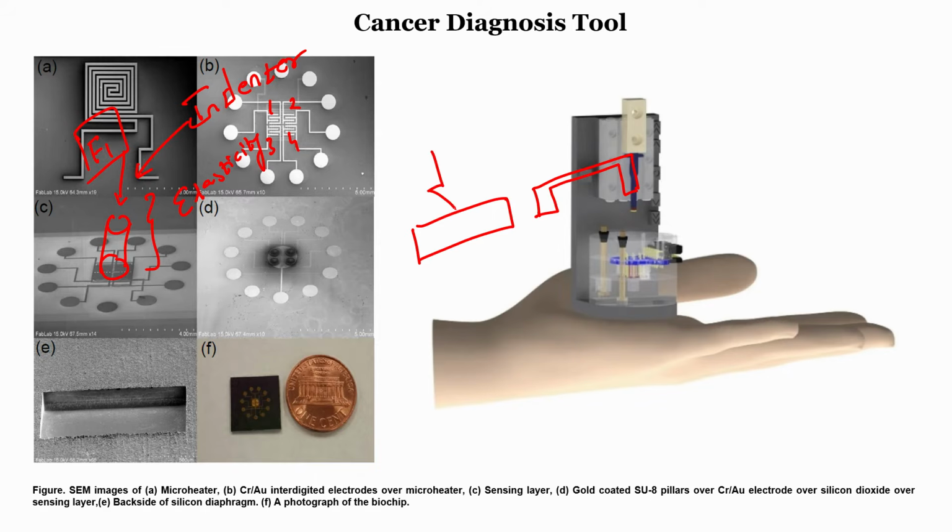If I apply a force here, and I apply a force here, which one will bend? This is not going to bend because silicon is solid material, hard material. This will bend. So, here what we are expecting is it will bend like this, right. In this case nothing will happen.